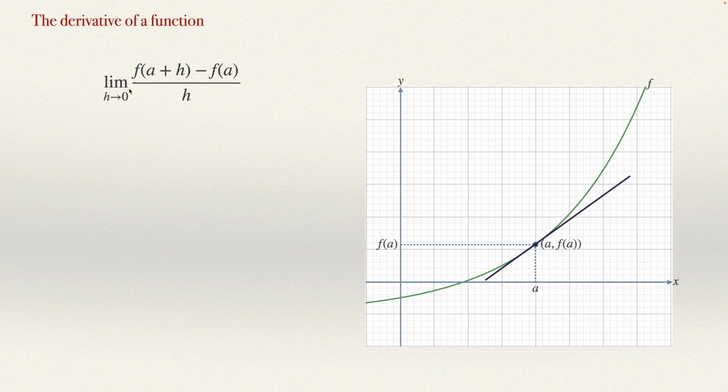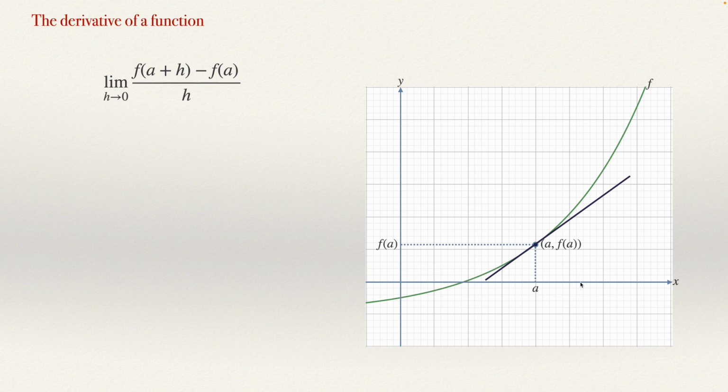The limit as h approaches 0 of this expression is not only the slope of the tangent line at that point, but also the instantaneous rate of change at that point a.